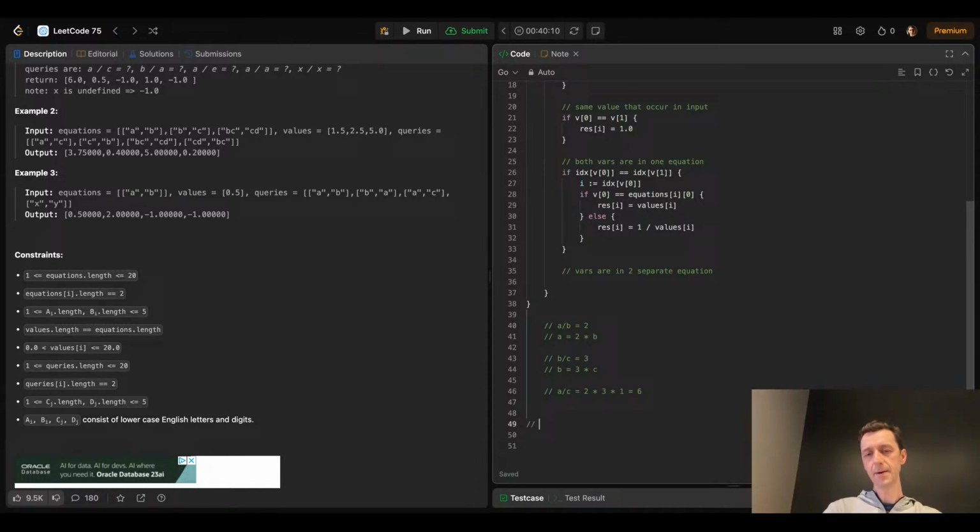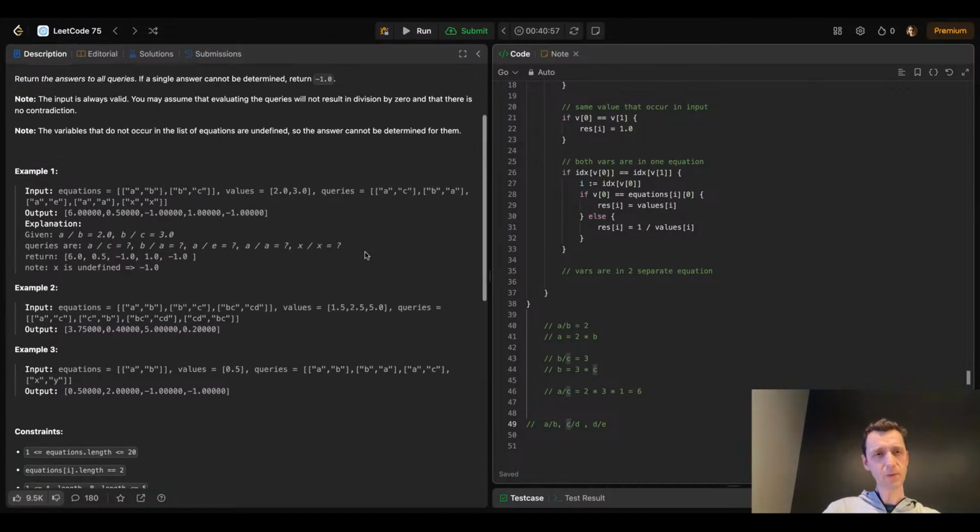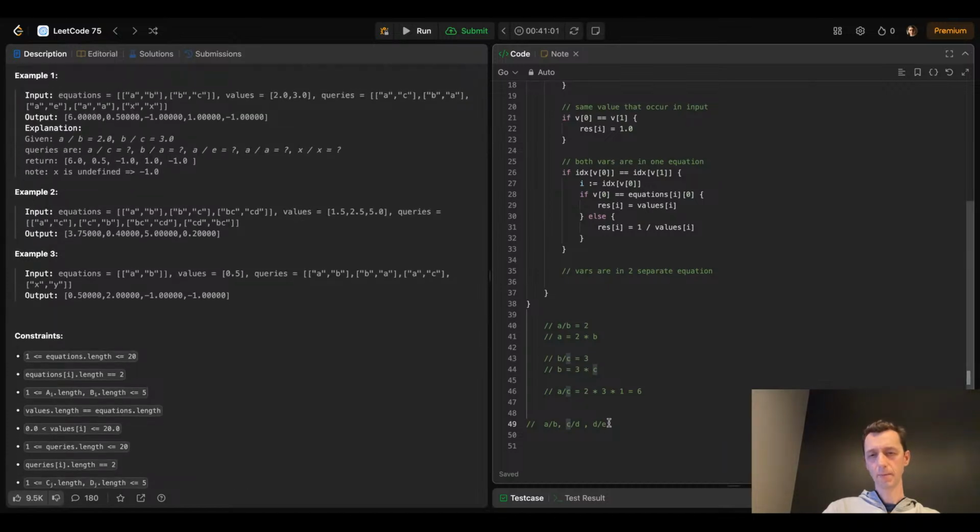What if there is, we have a pair of A, B, and we have C, D, D, E, meaning we have like A and C. Like in this case, we have A, B, B, C. But what if it's A, C?